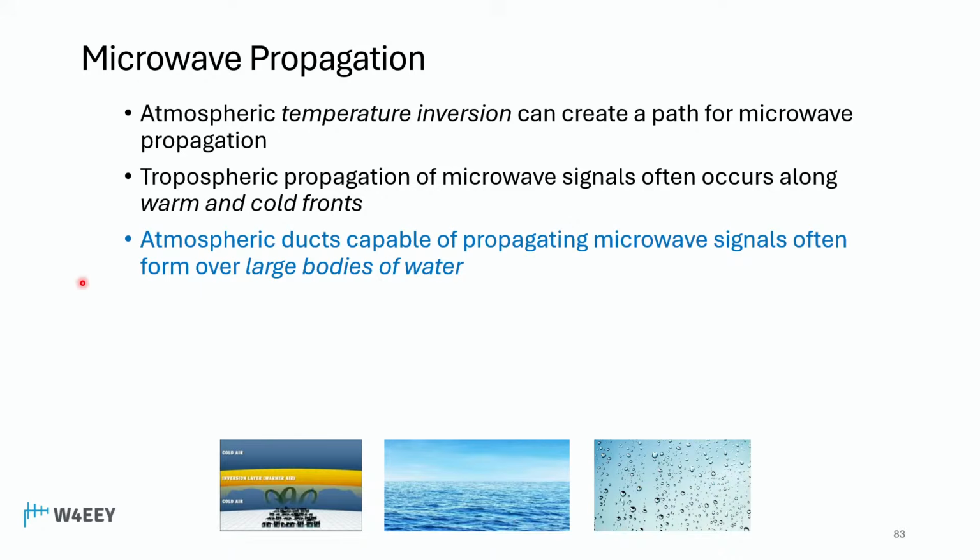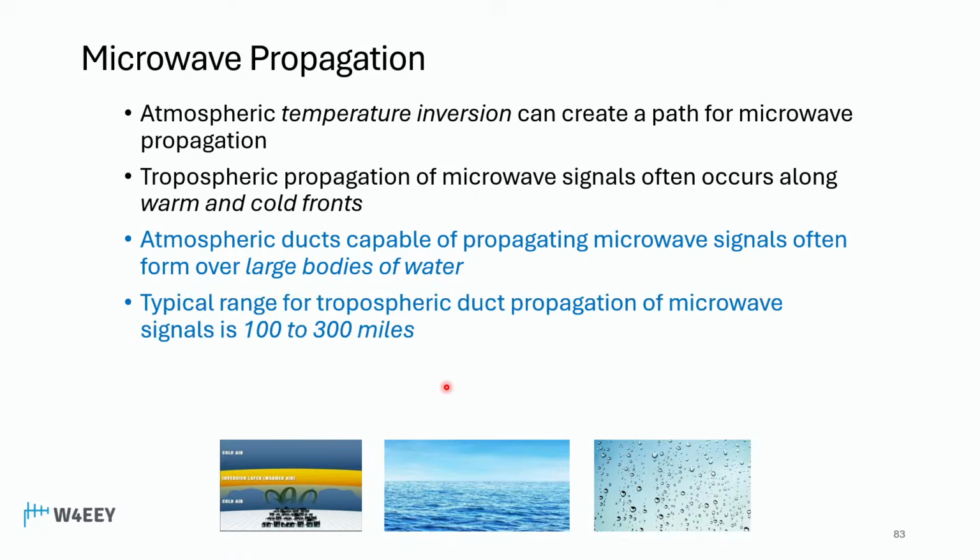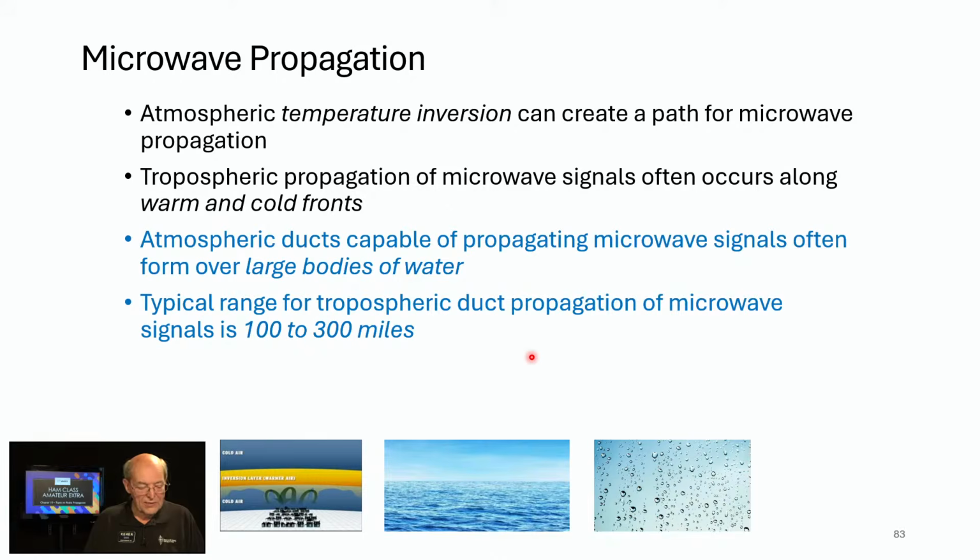I think we mentioned atmospheric ducts capable of propagating microwave signals often form over large bodies of water. And again, a mind blower, microwave signals can actually go 100 to 300 miles when they're propagated through a tropospheric duct. So it's real stuff.